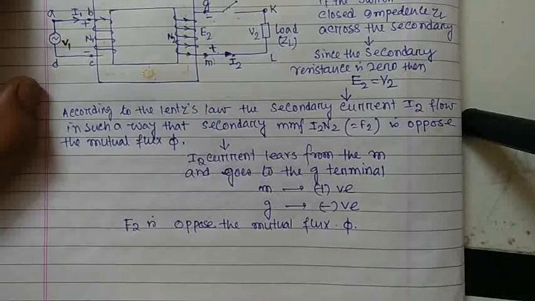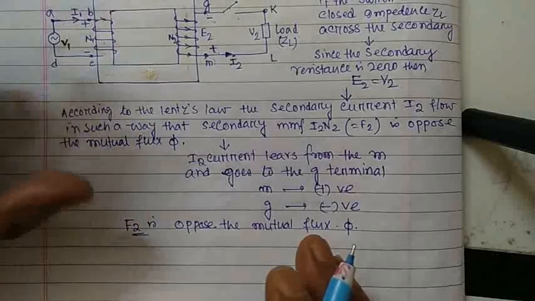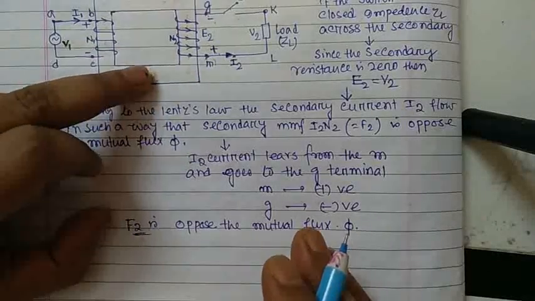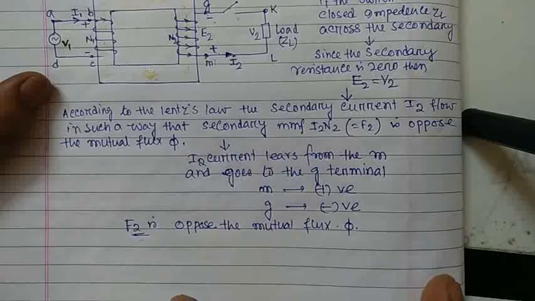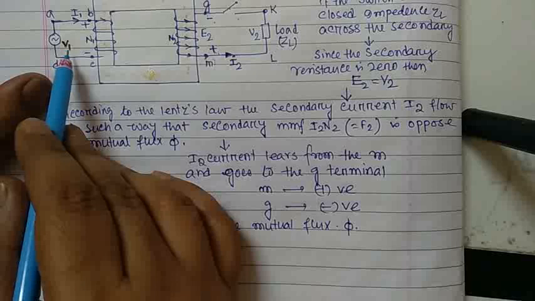So F2 reduces the flux phi. Any reduction of flux will reduce V1.